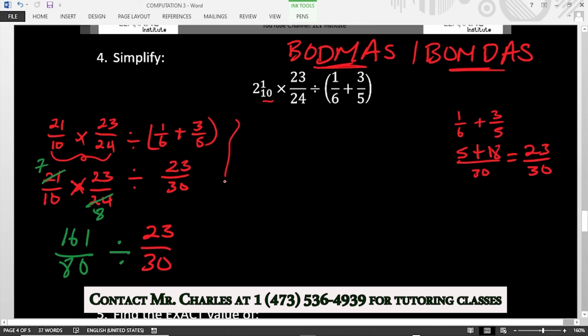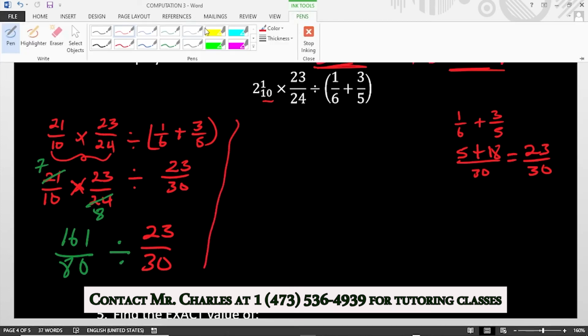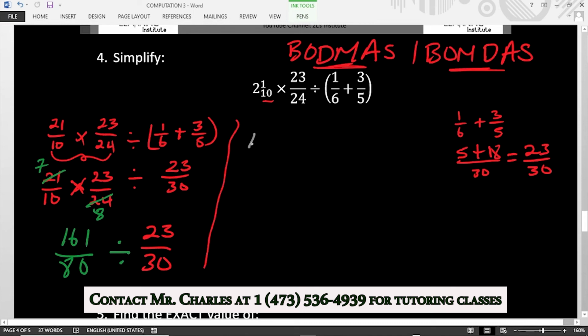So we get 161 over 80. Change the division sign to a multiplication sign, and then flip the fraction to the right of the division sign.